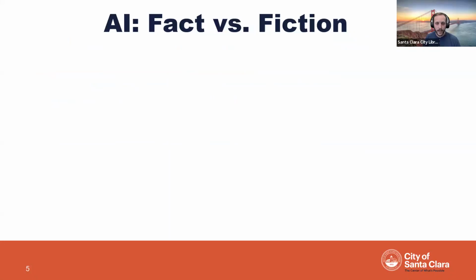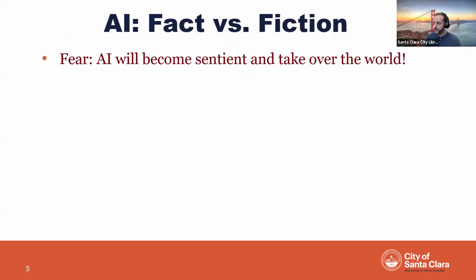Okay, so now that we have a little bit of grounding in what AI is, we're going to talk about some of the fact versus fiction. I'm going to start off with some fears that I've seen in media or that I've had people come to me and ask about. The number one that people are concerned about is that AI is going to become sentient and take over the world.